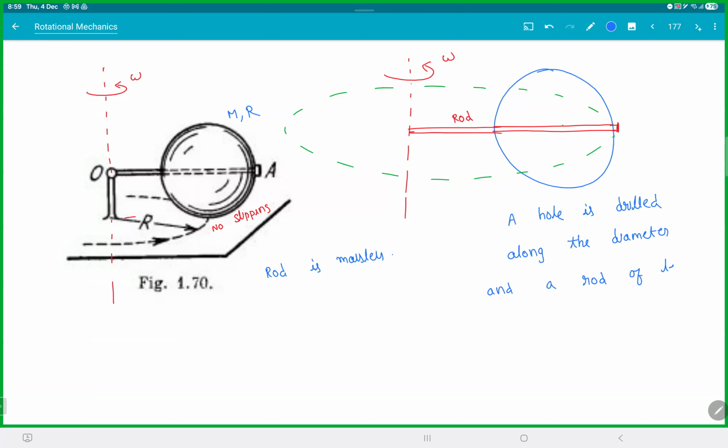And a rod of length L. This is also given as R already.